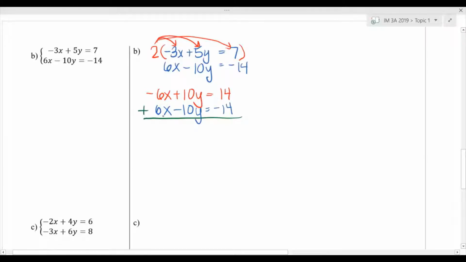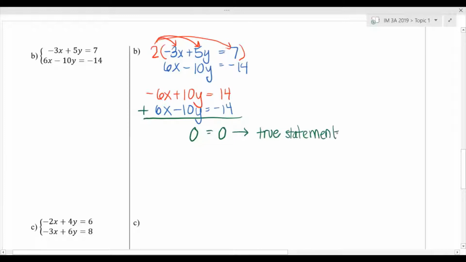-6x plus 6x is 0. -10y plus 10y is 0. So this whole left side is 0. And then the right side, 14 plus -14, is also 0. So what happens when we get this kind of statement where it's just values instead of variables? What we're identifying is whether this is true or not. Okay, so this is a true statement. 0 is the same as 0.